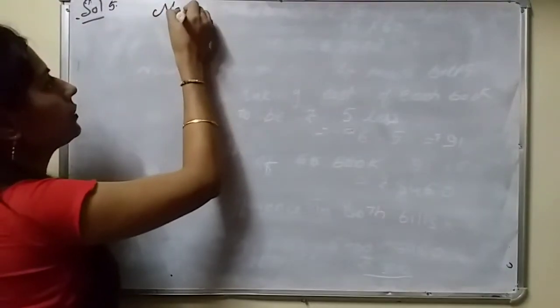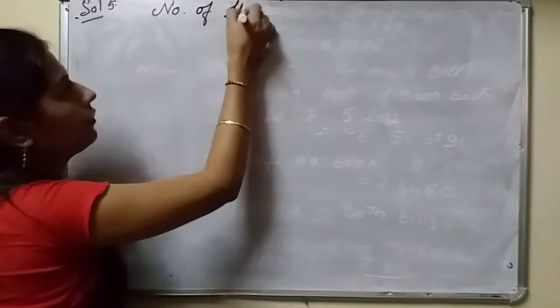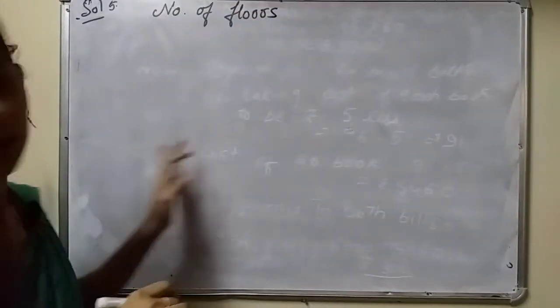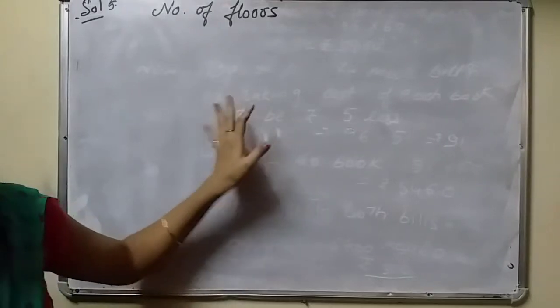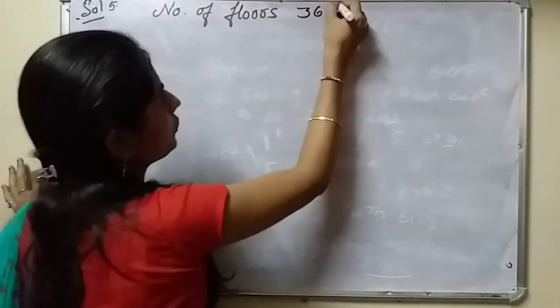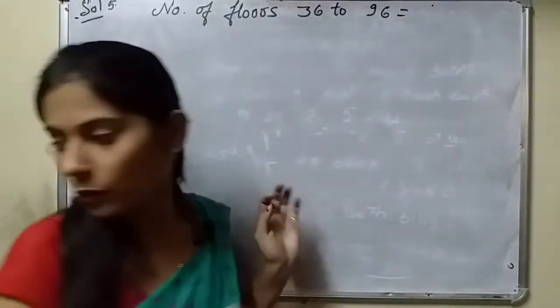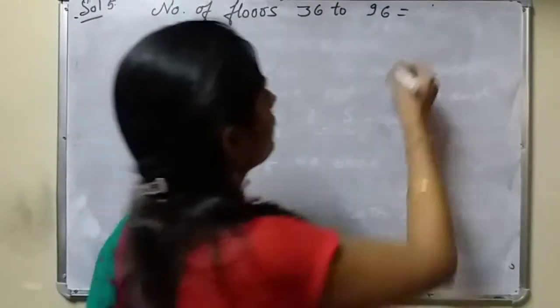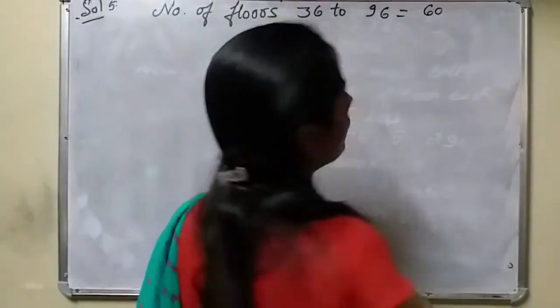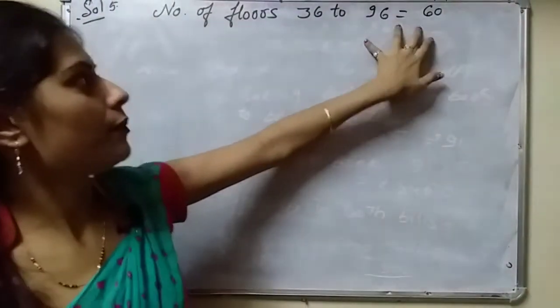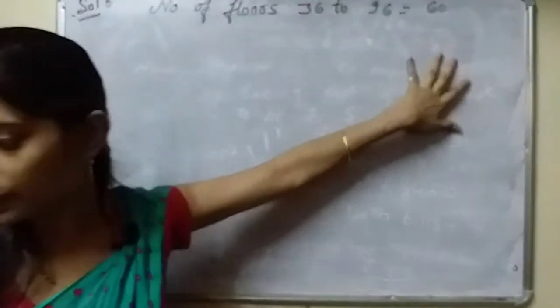Number of floors: what is the number of floors given here? 36 to 96, that is how many it becomes? 60. 36 to 96 is 60. It means the number of floors is 60.